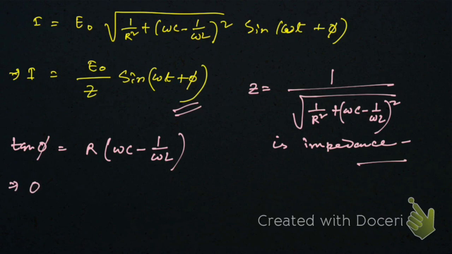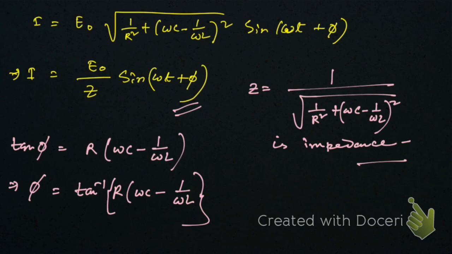And phi is equal to tan inverse of R into omega C minus 1 by omega L. This is the value of phi we have got. How have we got this? By dividing equation number 6 by equation number 5, right? Hope you have understood this.